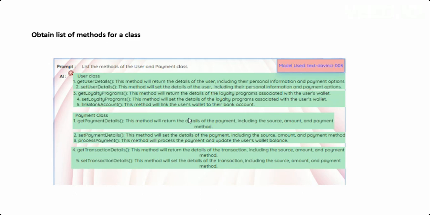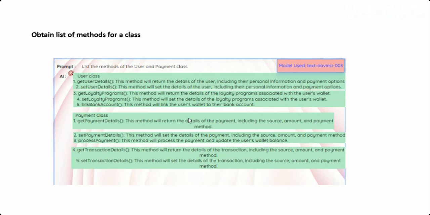Now what methods should go in those classes? Coming to the user class, you have to get the user details and set the user details. And for loyalty programs, you have to set what loyalty programs there are, and then link that to your bank account details. Coming to payment classes, you have to get and set the payment details and process the payments.